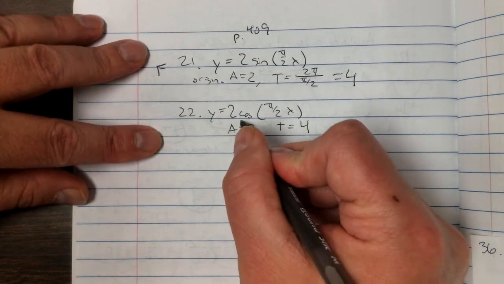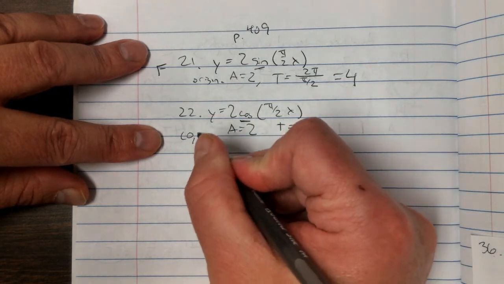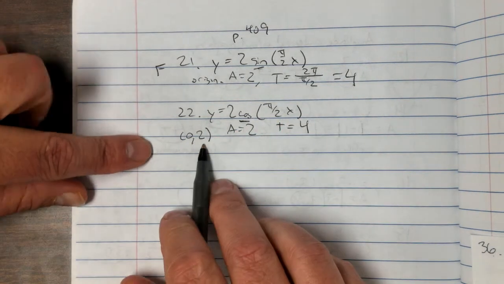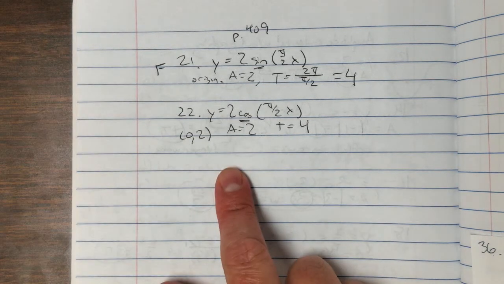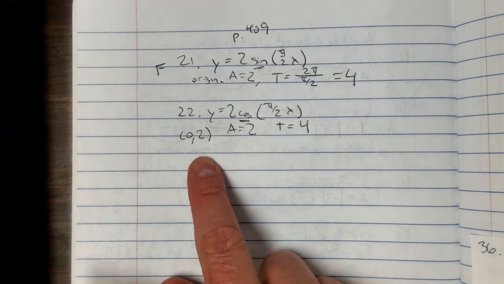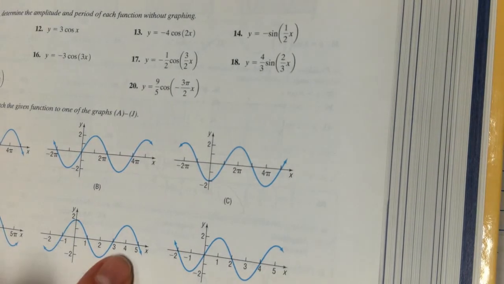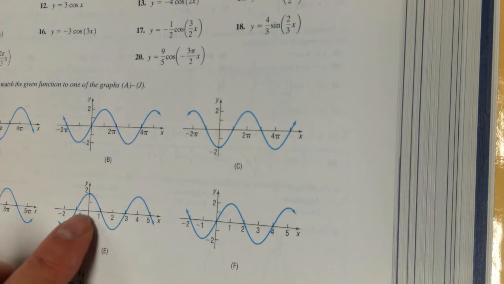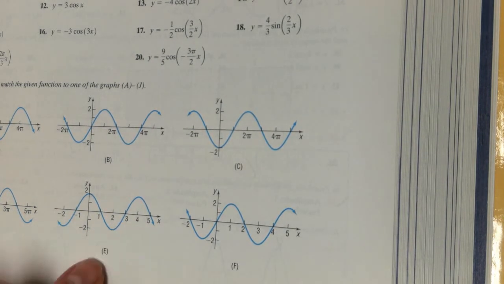This one, since it's a cosine graph, goes through 0, 2. Not 0, 1, because our amplitude's 2. So we need to find one that starts high at 0, 2, but has a period of 4. Like this one goes at 2, and then there you go. So that was E.